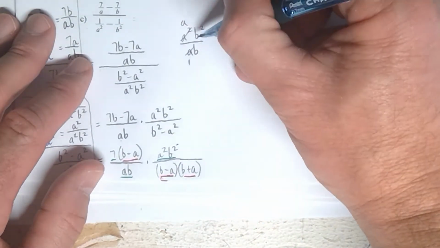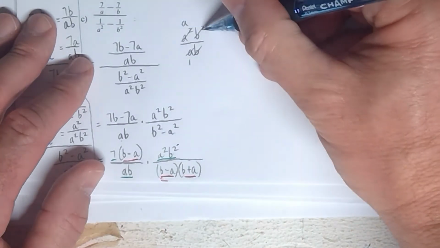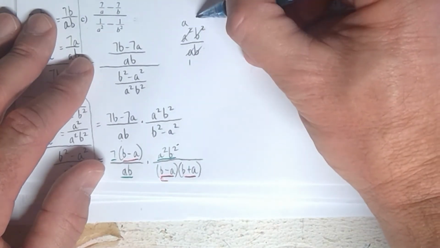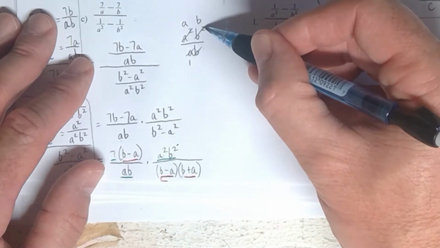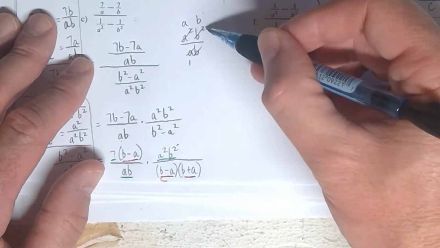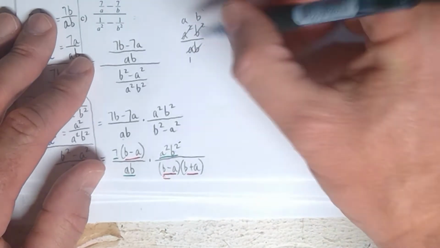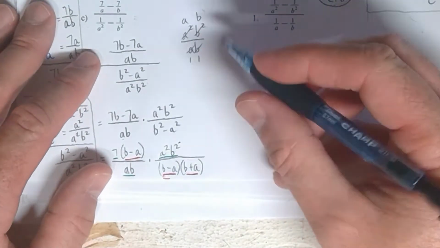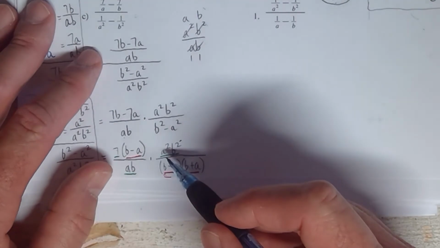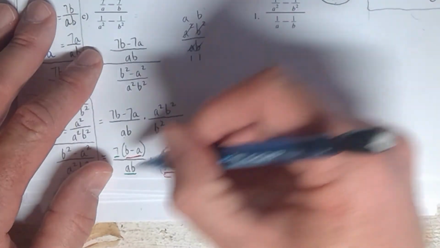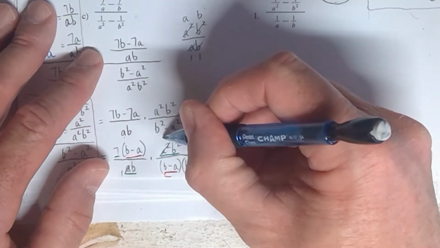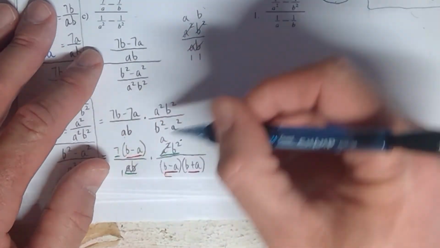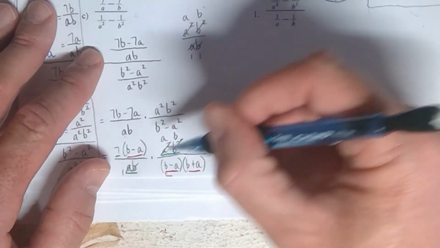And then you do the same thing for b. You got exponent 2 and exponent 1. You subtract 1 from both of those exponents, and you get b to the first. 2 minus 1 gives you b to the first, and 1 minus 1 gives you b to the 0, which is 1. And that's exactly how this turns out down here. This ends up being a over 1 and b over 1.